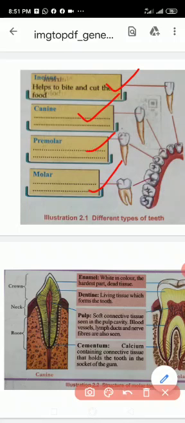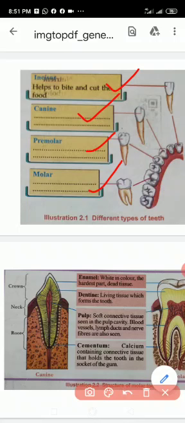We use them to grind food materials to make a paste like thing, or they help to grind the food materials well. So these are the different kinds of teeth, and they are doing different kinds of functions.